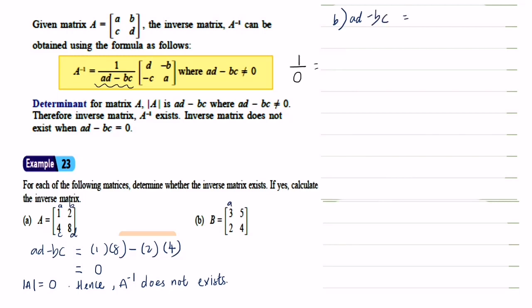So now A, B, C, D. So mean A times D, 3 times 4, minus B times C, 5 times 2, right? Equals 2. So determinant B not equals 0. Hence, inverse matrix of B is exists.